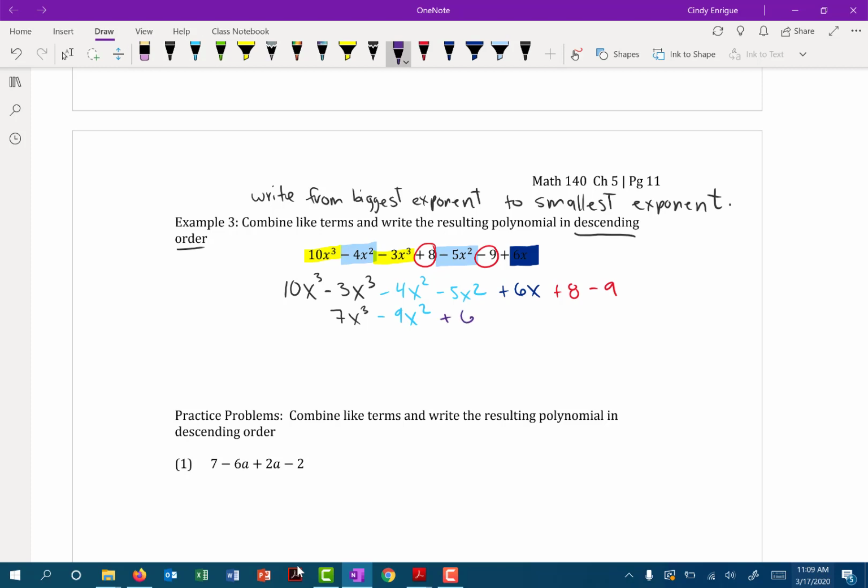So I have my positive 6x. And the last thing I have is 8 minus 9, which is going to give me my negative 1. So that's going to give me my final answer. So I have 7x cubed minus 9x squared plus 6x minus 1. I want to make sure that things that are added and subtracted together have the same degree and the same variable. Otherwise, I can't add and subtract them.